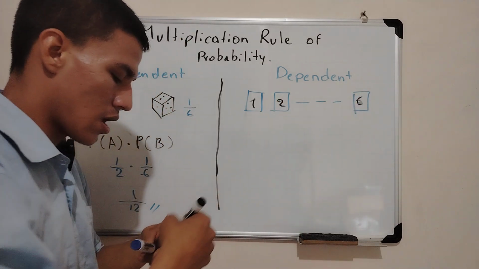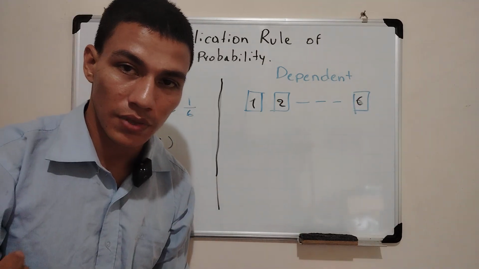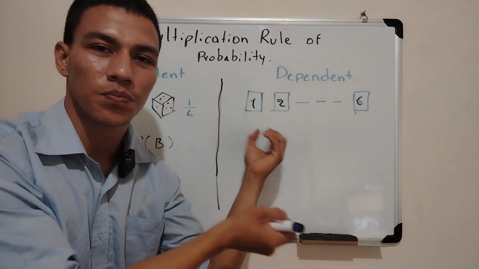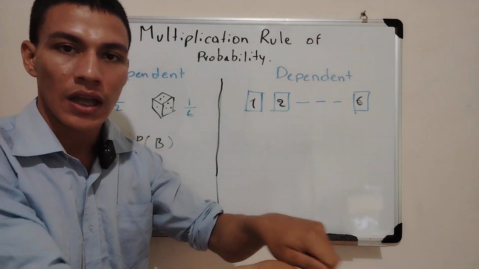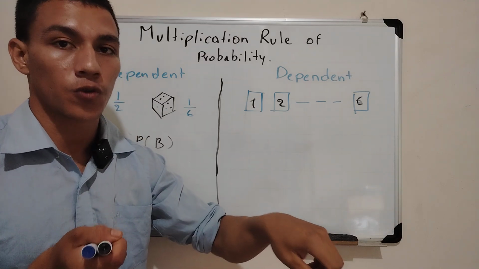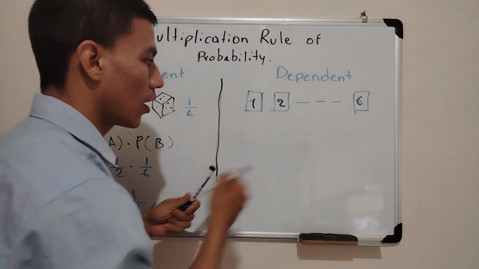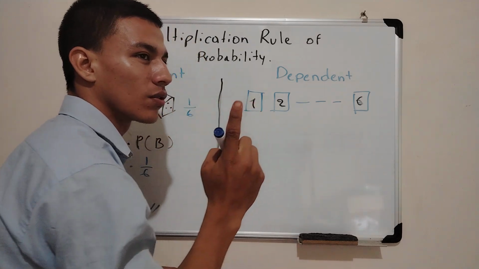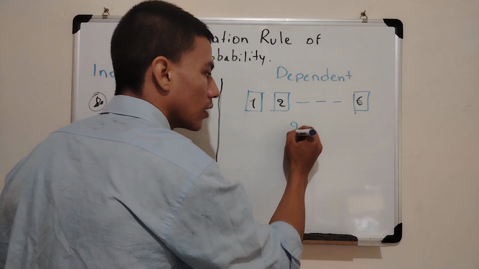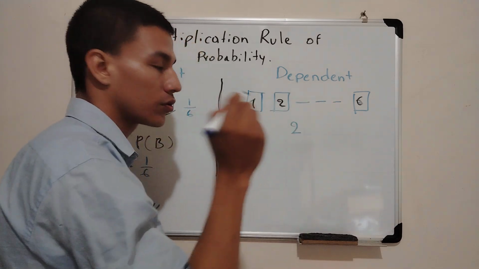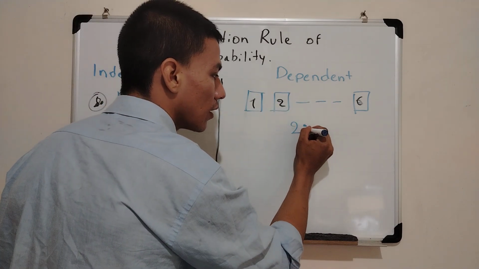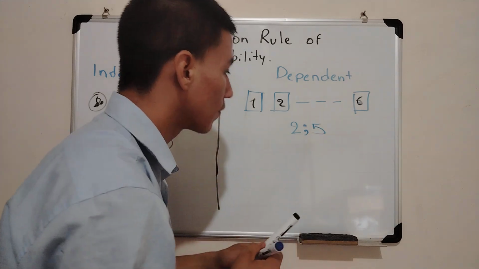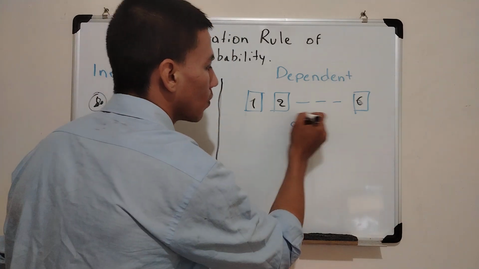The problem here is I want to draw a card, and I'm getting just one result. In that case, I want to get a 2, and also for the second event, I want to draw a 5. 2 and 5, those are the events that I want to get.